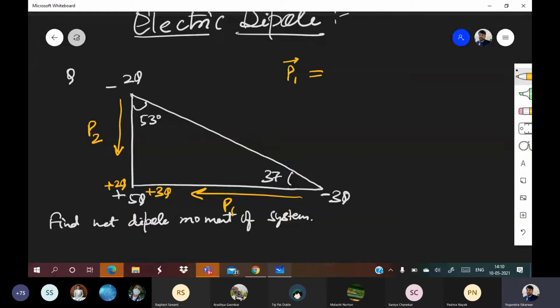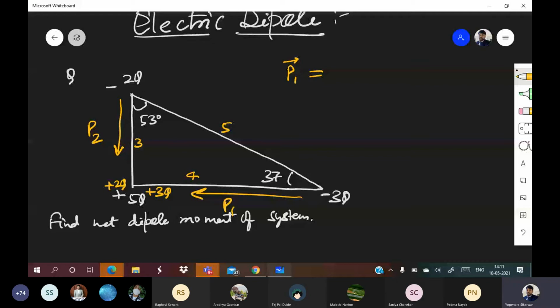Now here, the side's exact value was not given, but we can take the sides as 3, 4 and 5. Why 3, 4, 5? Because this combination of angles 37, 53 and 90 comes in a ratio of 3 is to 4 is to 5. If angles are 37, 53 and 90, sides will be in the ratio 3 is to 4 is to 5.